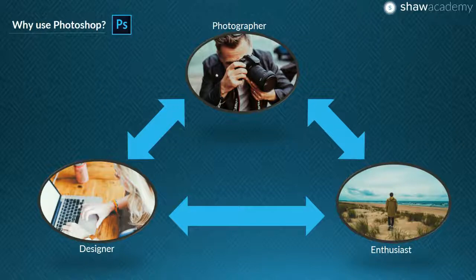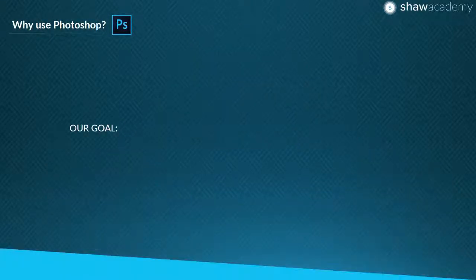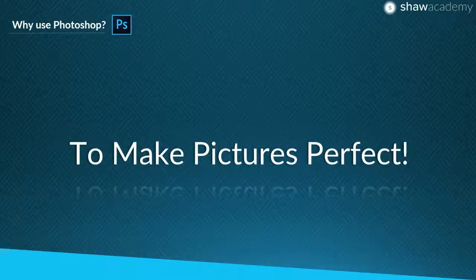By the end of the course, hopefully, if you are just a photographer, I've got you more in the designer side of thinking as well. If you're just a designer, hopefully I've got you thinking about your next best photograph that we can edit. And if you're an enthusiast, hopefully I have you being all 3 as well. That's the idea of the course. Mainly, I'm going to sum all of our goals up into one major goal, and that is to make our pictures perfect.